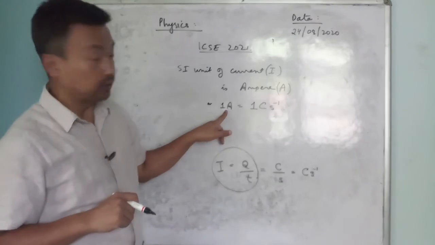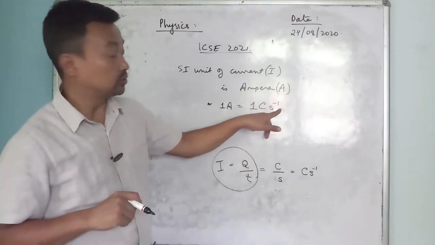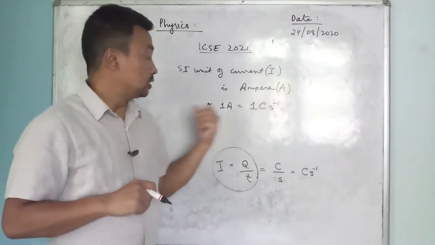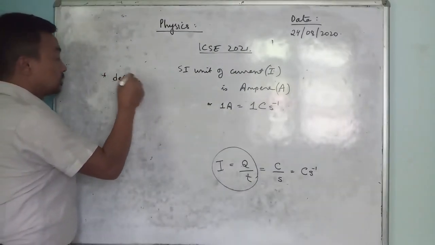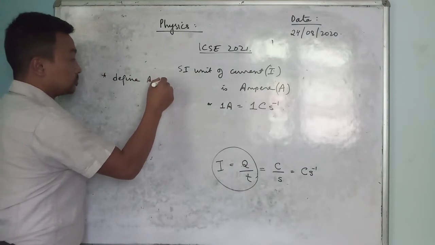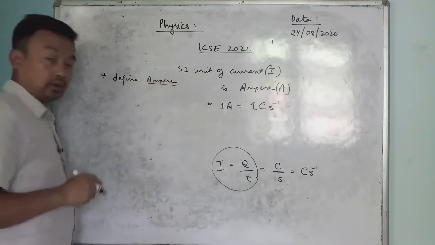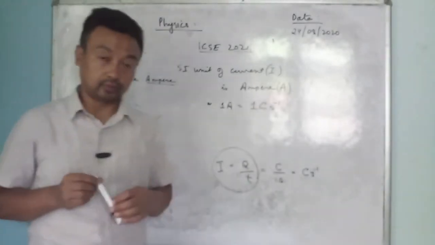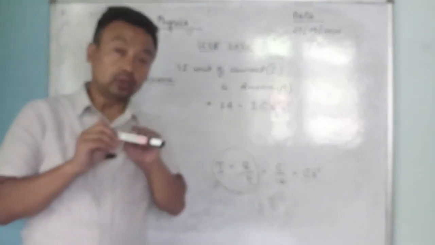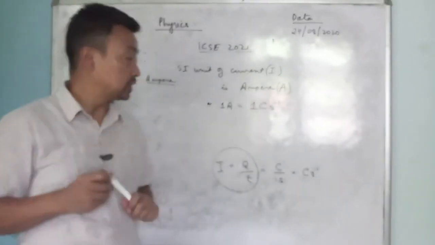The unit is ampere, 1 coulomb per second. Now one question that was asked in ICSE is: define ampere. Ampere is defined as the current when 1 coulomb of charge flows in a conductor in 1 second time.